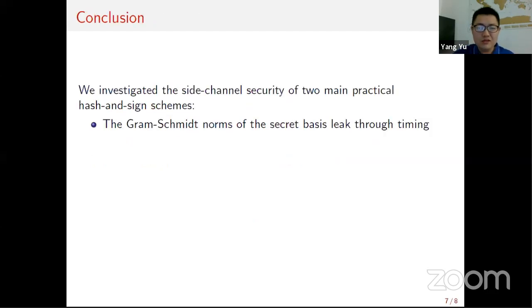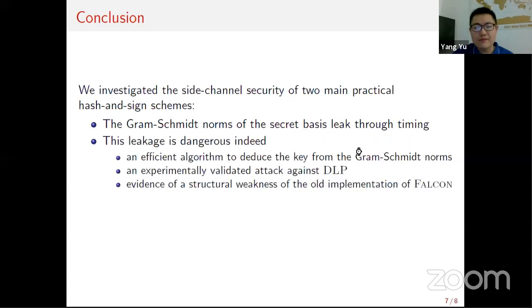To conclude, in this work, we formally studied the side-channel security of Falcon and DLP. We show that in some implementations, the Gram-Schmidt norms of the secret basis leak through timing. We also show that the leakage is dangerous. We propose a polynomial time algorithm to compute the NTRU secret key from the Gram-Schmidt norms of the NTRU secret basis. Based on that, we propose an experimentally validated attack against DLP.